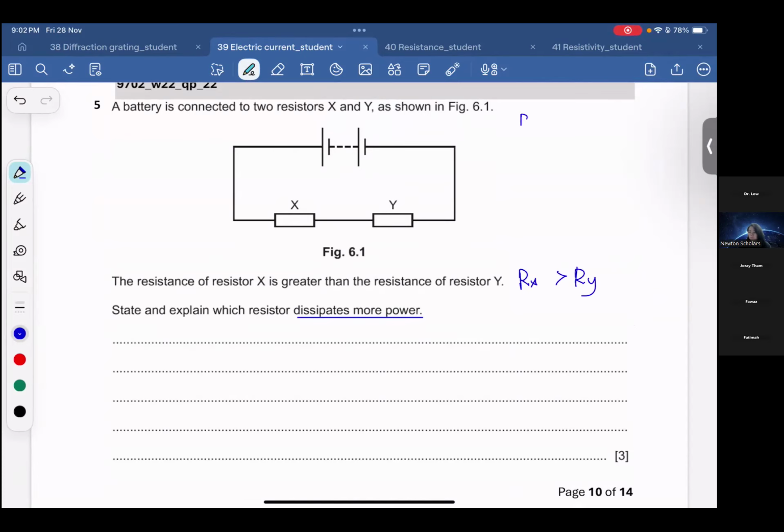Power, we have three formulas. P equals VI, P equals I squared R, P equals V squared over R. Which formula can you use to do the comparison? In this series circuit, what will be the same?